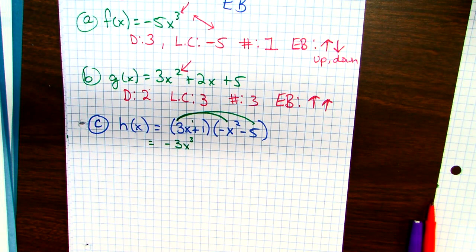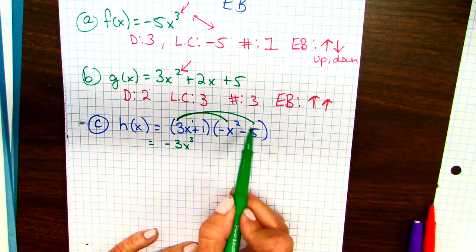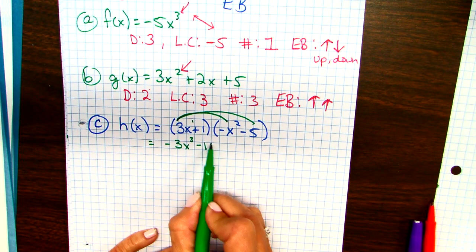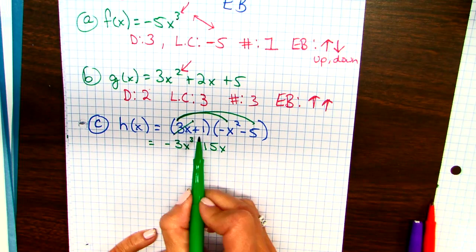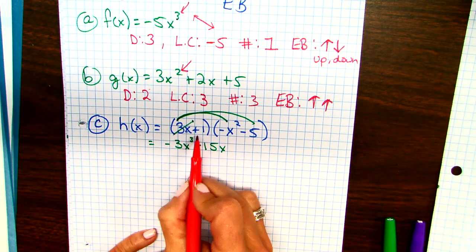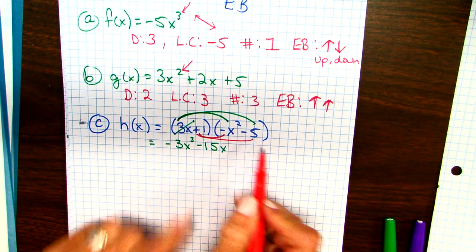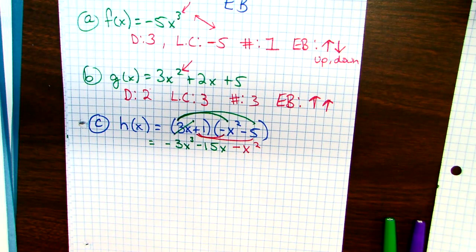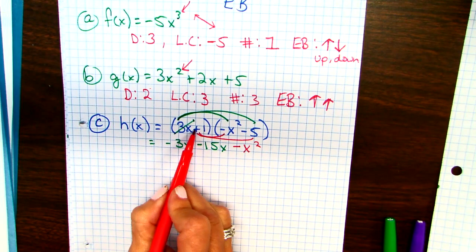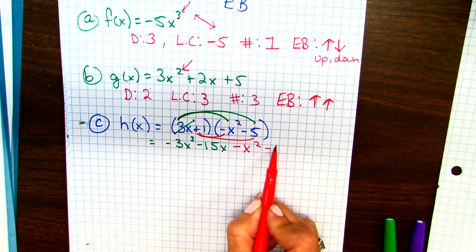You did well on your test, though. 3x times negative 5 is negative 15x, right? Done with the 3x. Do the same exact thing with the 1. 1 times negative x squared is negative x squared. And 1 times negative 5 is negative 5.